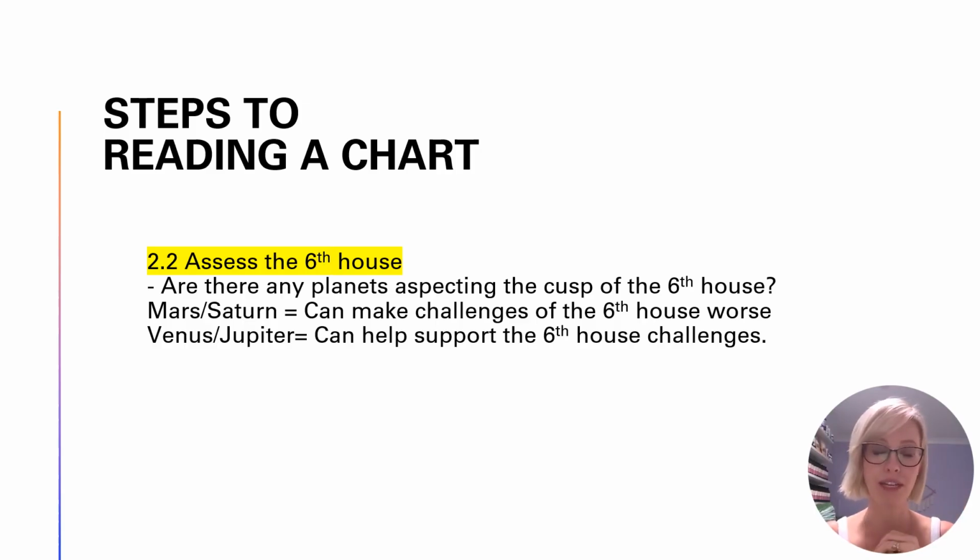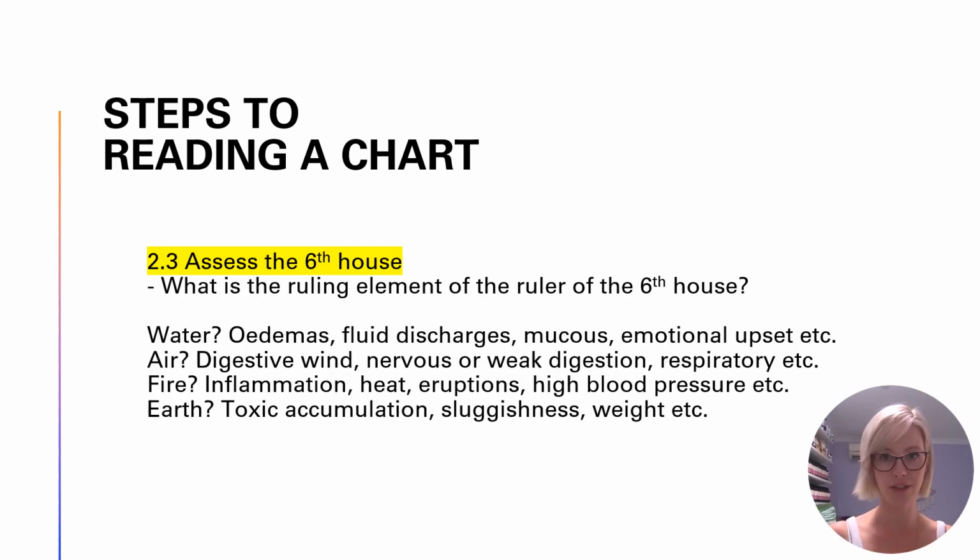Or is it Venus or Jupiter? Are they making any aspect to the cusp of the 6th house? If so, it can help support or ease, reduce any sort of health issues around that 6th house. What the ruling element is of the sign that rules the 6th house. So the example I gave was Aquarius, which is an air sign.